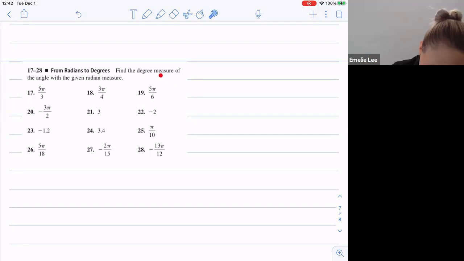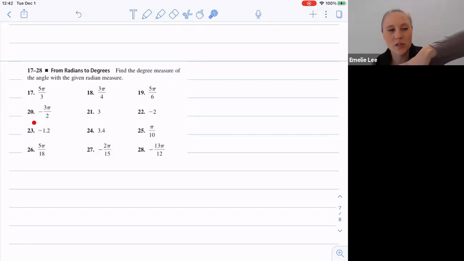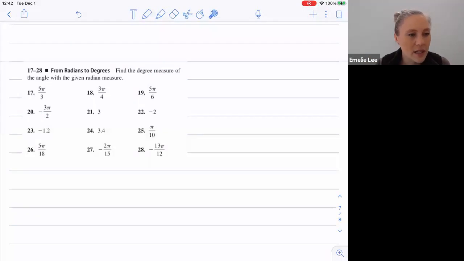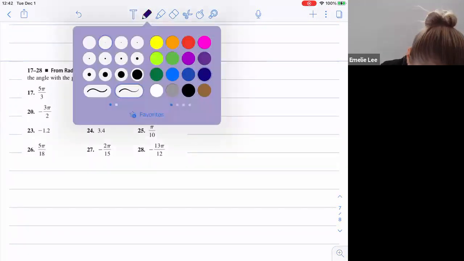So if we have to find the degree of an angle, let's remember some things. A negative angle just means that you're going in the clockwise direction instead of the counterclockwise direction. Which one do we want to do? Maybe 5 pi over 6.